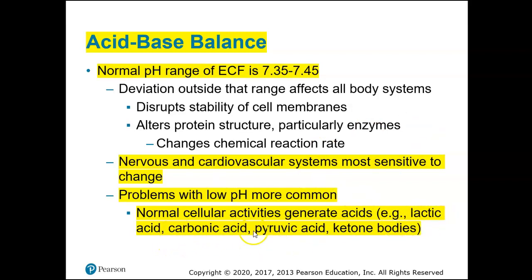Other acids that build up due to normal cellular activities are carbonic acid, pyruvic acid, and ketone bodies, just due to normal digestion activities in response to breaking down the foods that we eat.